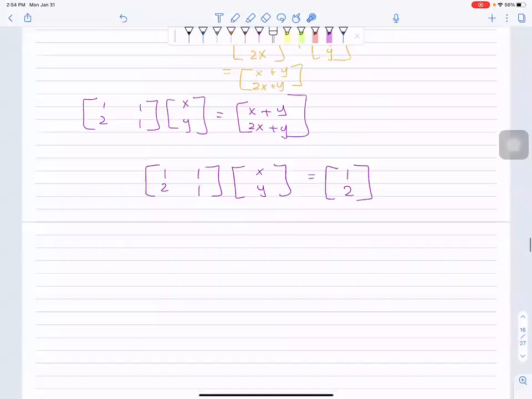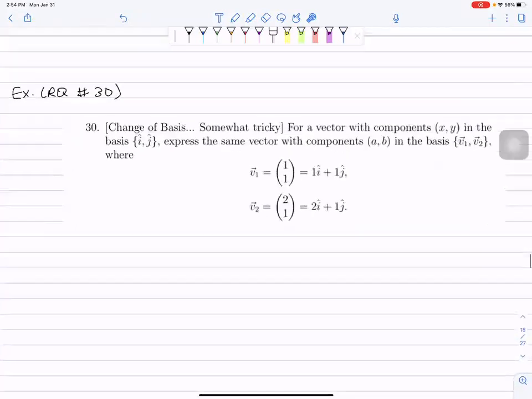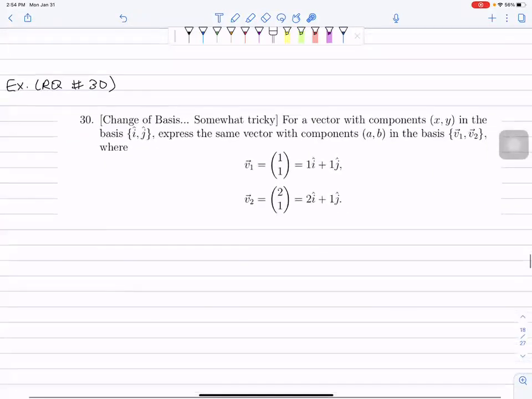Okay, so let's do an example. Oh, yes, okay. Recitation question 30. So for a vector with components x, y in our standard basis, express the same vector with components a, b. So this is our new vector in this weird basis, v1, v2.